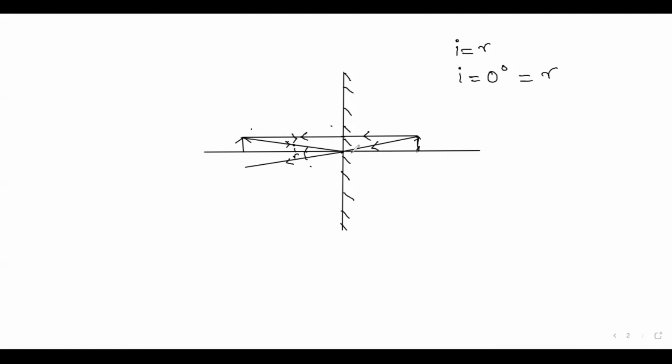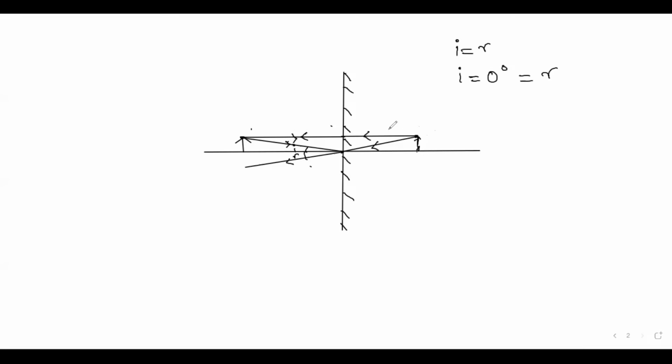So when we extend the reflected rays, you can see that they meet at a point. That means at this point we will find the tip of the image. Similarly, if we draw a line from other parts also, the other parts will also meet at this line.